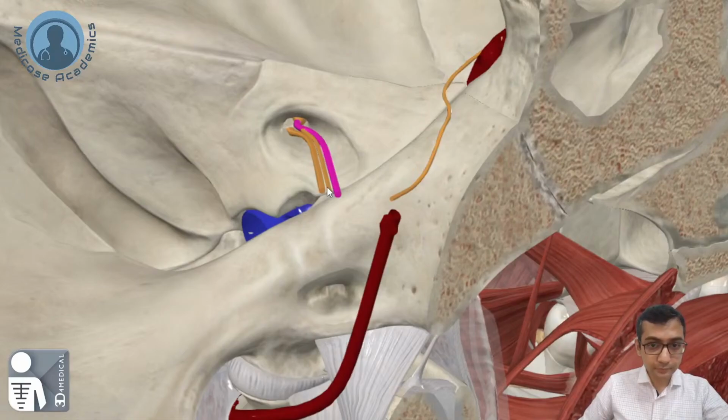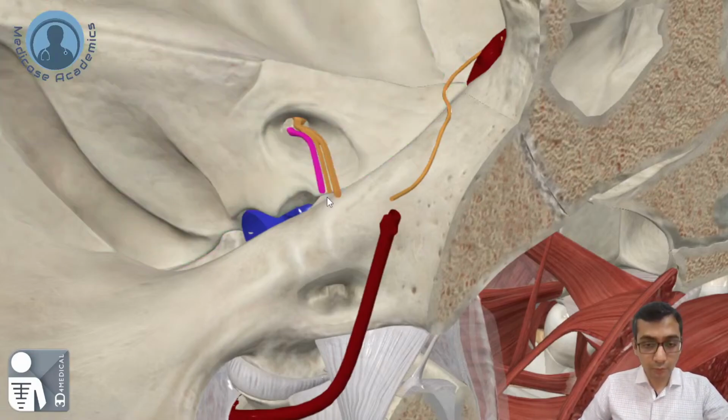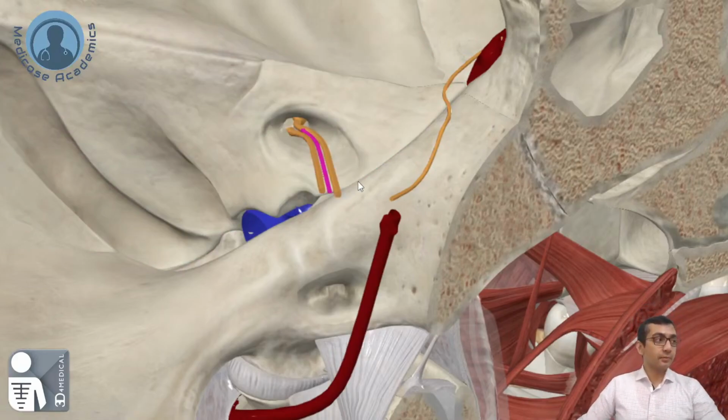This is called the sensory component, the nervus intermedius, because it is running between the main facial nerve and the vestibulocochlear nerve. It is the part containing the parasympathetic and sensory fibers.